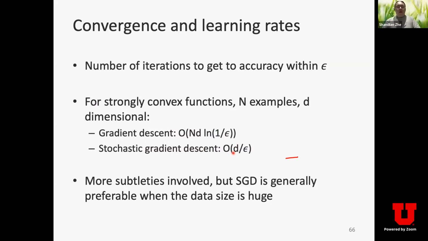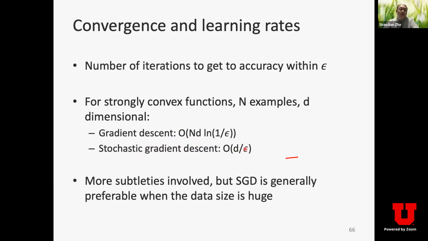However, if we consider the case that n is very, very large, as in modern applications where you have a big data set, so your n can be 1 billion or 2 billion, then for the same epsilon, even though you take a logarithm of 1 over epsilon here, when you multiply by a huge data size, the number of iterations for gradient descent can still be far larger than for stochastic gradient descent.